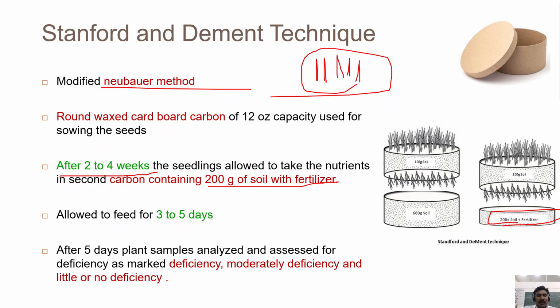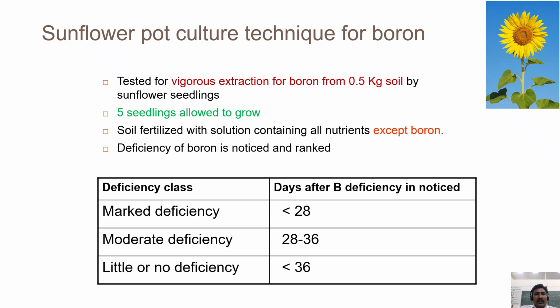Then you remove the samples and analyze them for deficiency, moderate deficiency, and no deficiency. Then the sunflower pot culture technique for boron. This is very important. In this pot culture experiment, in the pot you add all nutrient solution except boron, and you allow 5 seedlings of sunflower to grow.